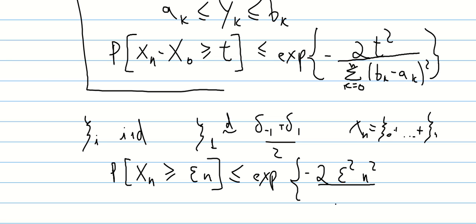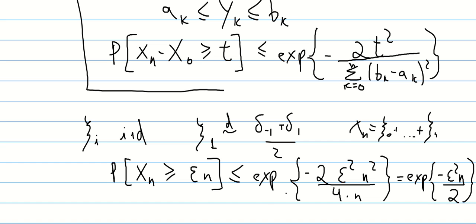And we have n times this, so it's 4 times n, which is exponential of minus epsilon squared, the n cancels, over 2. So you see that it's very similar to the bound we already proved for sums of Bernoulli random variables. So this is a nice result even in the case where we know much more about these random variables.